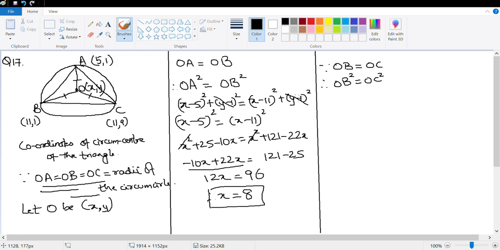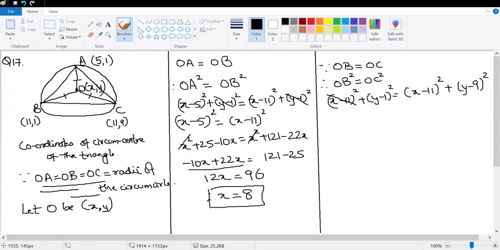So OB square is x minus 11 whole square plus y minus 1 whole square, equal to OC square, which is x minus 11 whole square plus y minus 9 whole square. I could have also replaced the value of x here, but let's see if I can work without it.